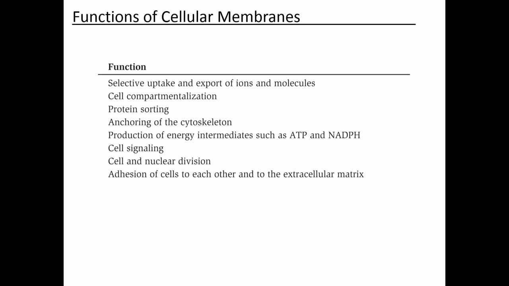Cell signaling refers to how a cell communicates between cells, or how internal signaling happens within the cell. Membranes are also involved in cell and nuclear division, and we've seen how the adhesion of cells to each other involves the cellular membrane.